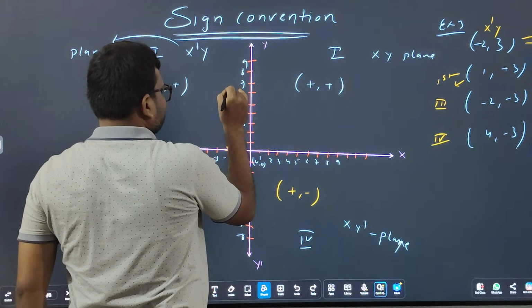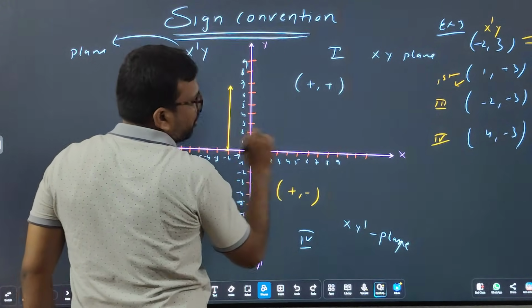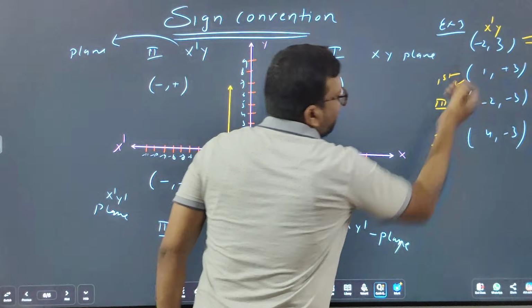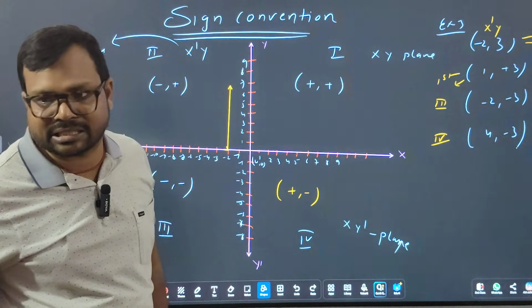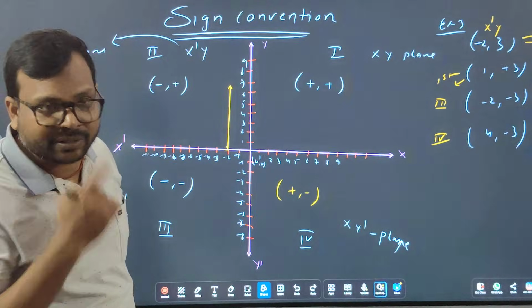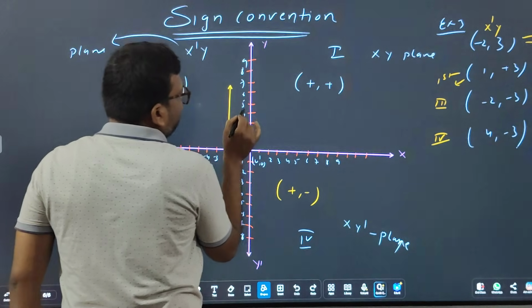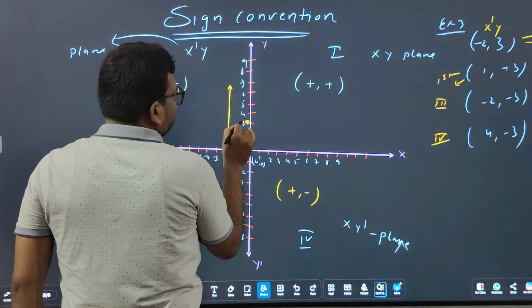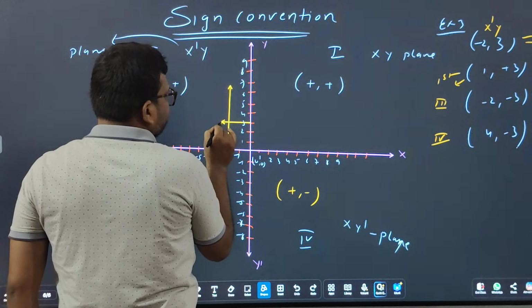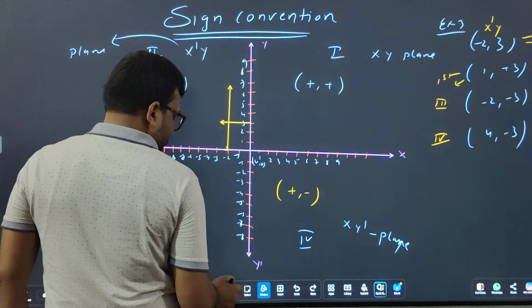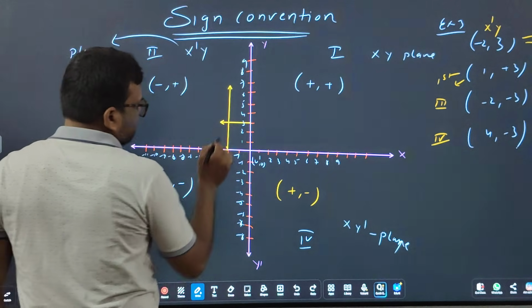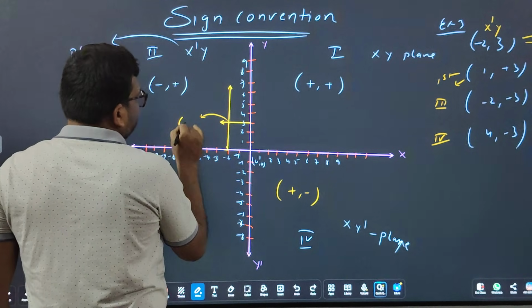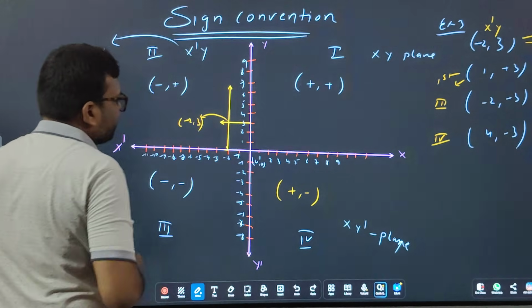How much do you need? 3 units. Move in this direction, and where it intersects decides the location of this point, that is minus 2, 3.